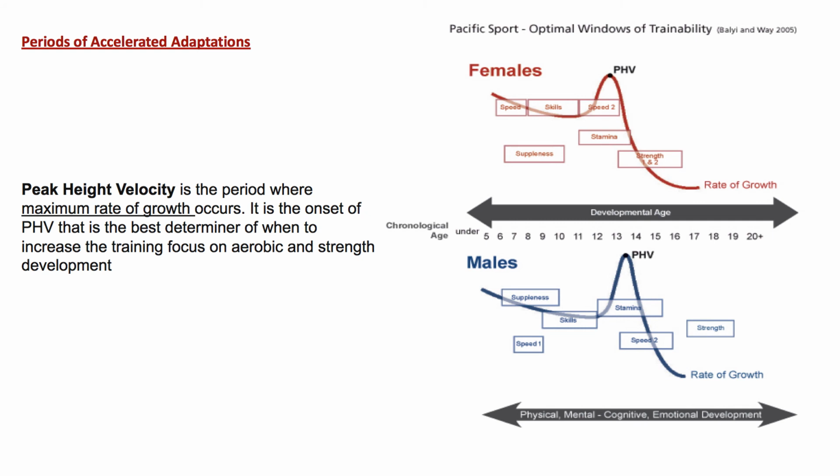It's very important that you're aware of this period of accelerated adaptation, especially if you're working with younger athletes, because you may be working with athletes between the ages of 12 and 15 who are in that time of peak height velocity, where it is a period of accelerated adaptation. So you can train them a little bit differently, but you need to be aware of that, and this could affect their trainability and their ability to adapt to a stressor.